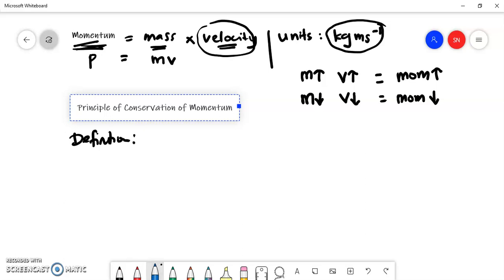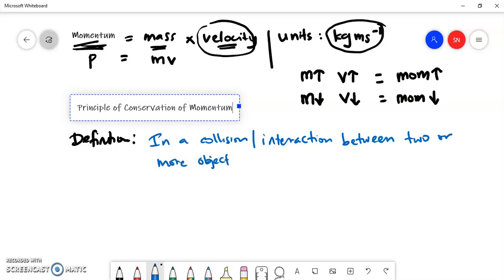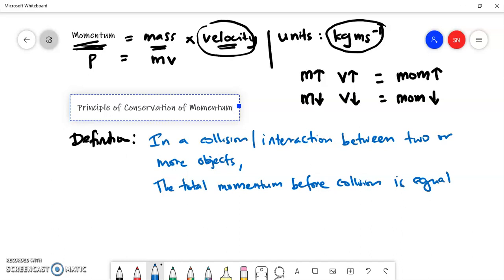The principle says that in a collision or interaction between two or more objects, the total momentum before collision is equal to the total momentum after collision.